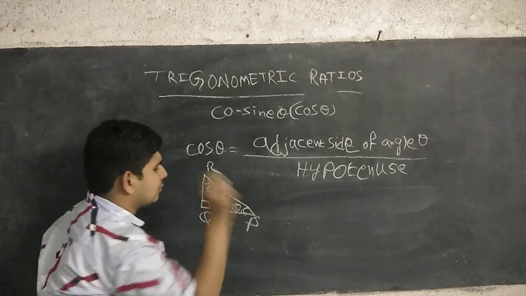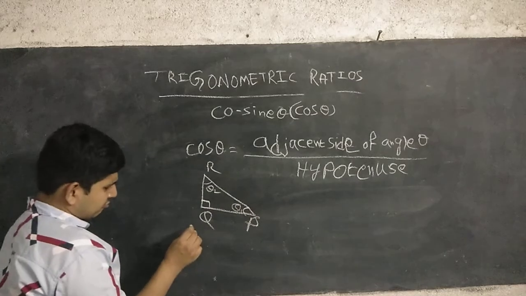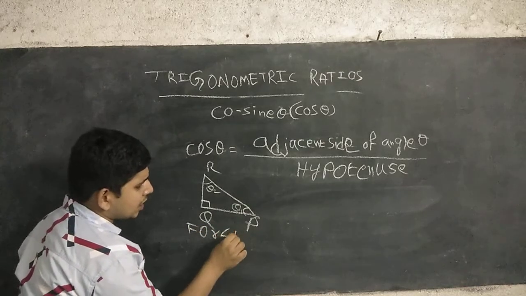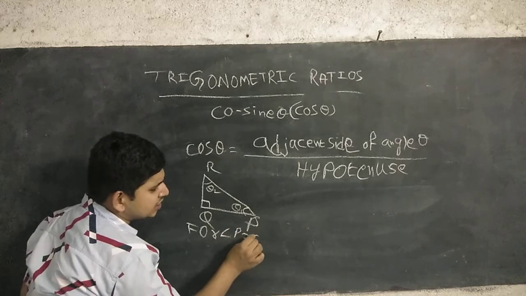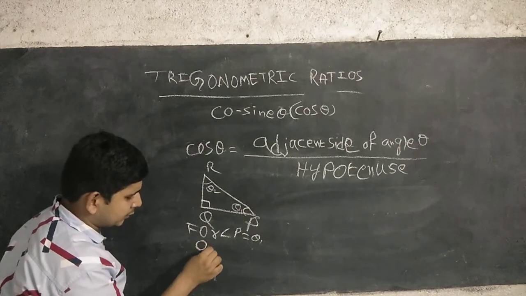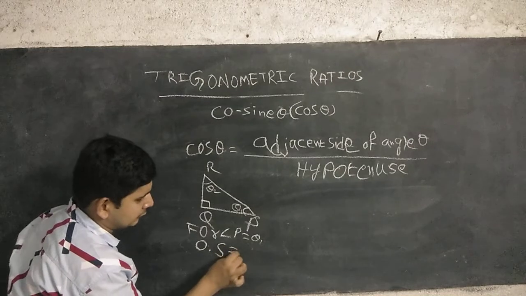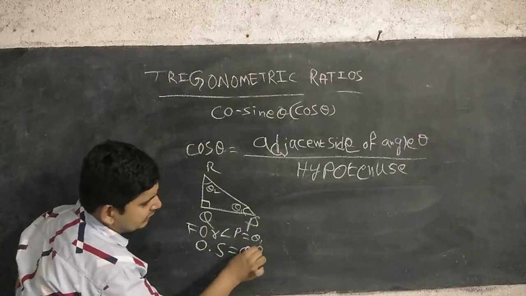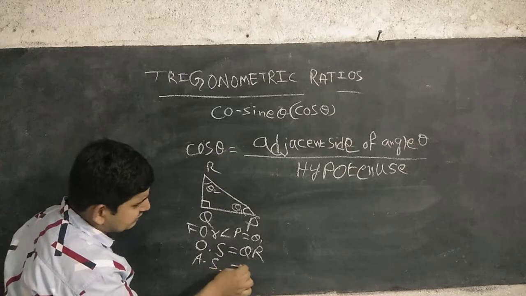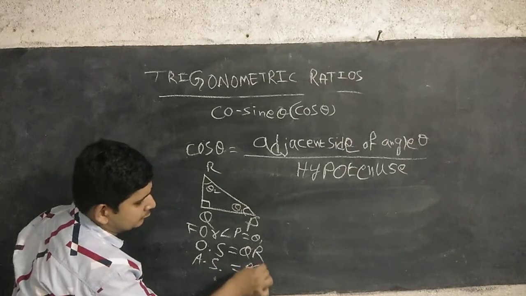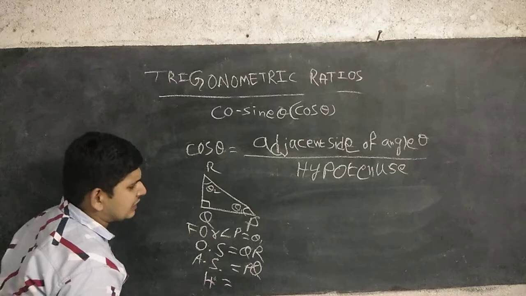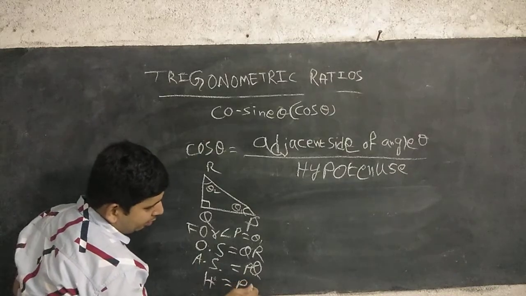For angle P equal to theta 1, the opposite is QR, the adjacent is PQ, and the hypotenuse is PR.